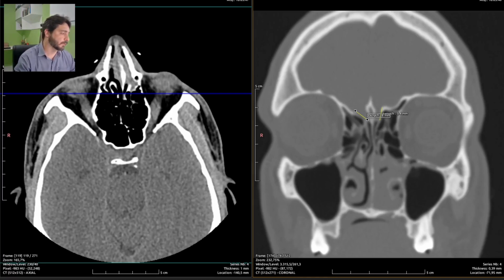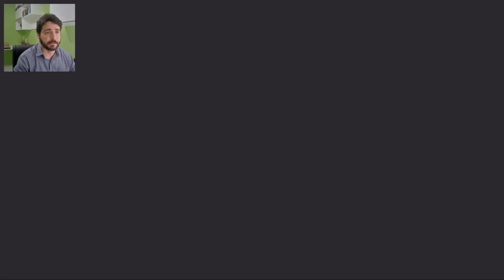And this is it. We have finished yet another case. Let's sign it. And it's signed. Let's clear the cache of the images, and let's just do a dorsal spine CT scan.